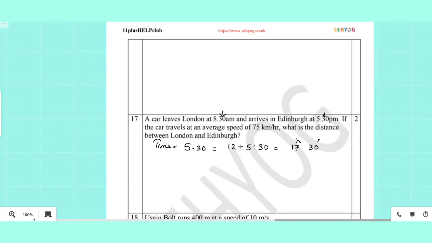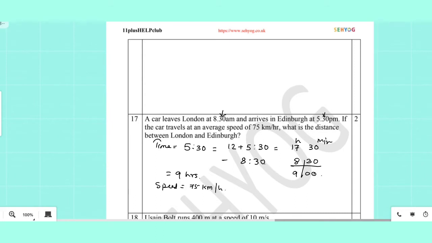From there, we are subtracting 8:30 a.m. in the 24-hour format, that is 8:30 itself, because it is before 12 o'clock. So, we are subtracting them, 30 minus 30, so no minutes left, and 17 minus 8 gives us 9 hours. So, which means that the time taken is 9 hours and the speed is 75 kilometers per hour.